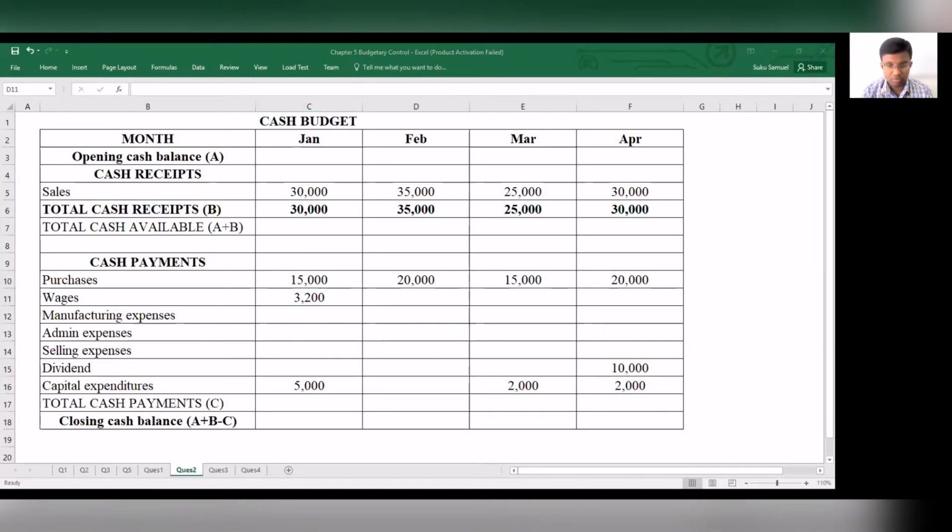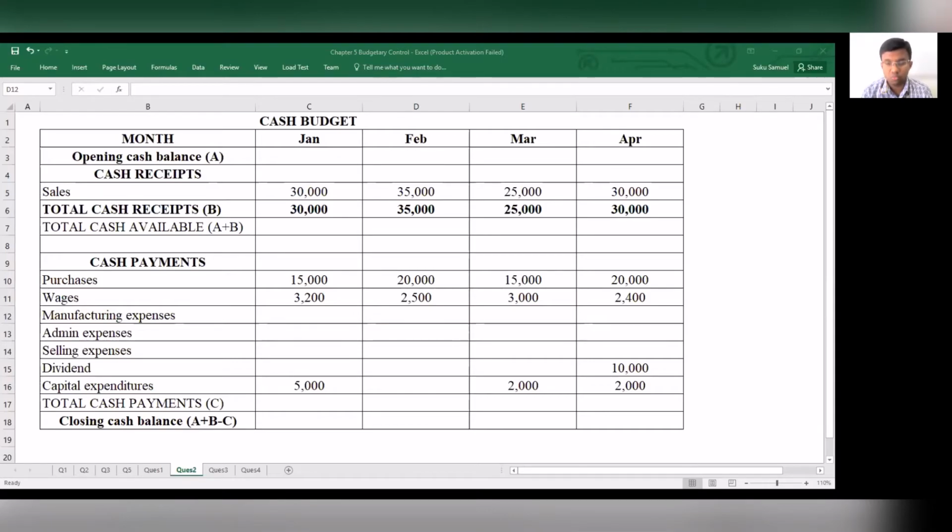In February, you'll be settling the wages for January. In March, you will be settling for February, which is 3,000, and in April you will be settling for March, which is 2,400.